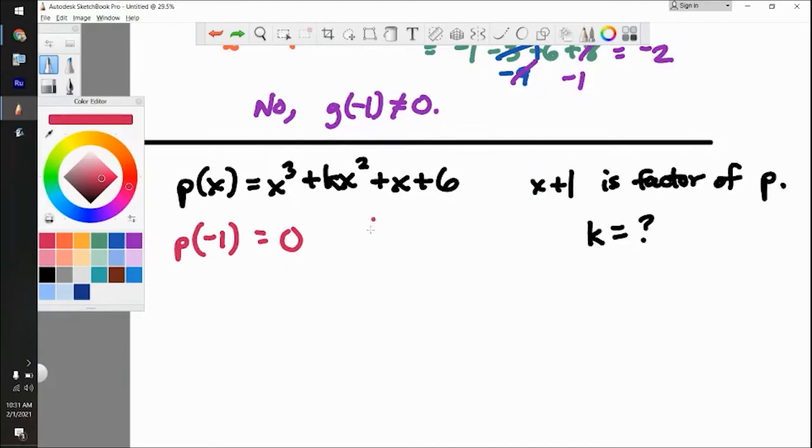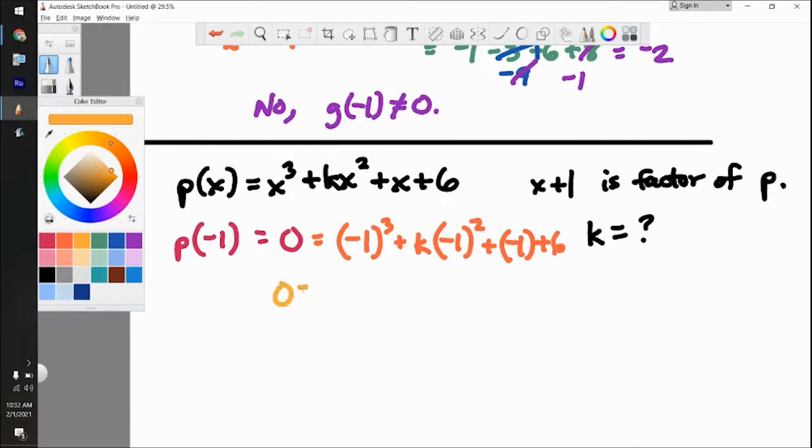All right, that's awesome. Let's plug in -1 to this thing and see what we get. So p of -1 is going to be equal to -1 to the third plus k times -1 squared plus -1 plus 6. If you notice, we're solving for k. That's the only variable there, so we should be able to solve this.